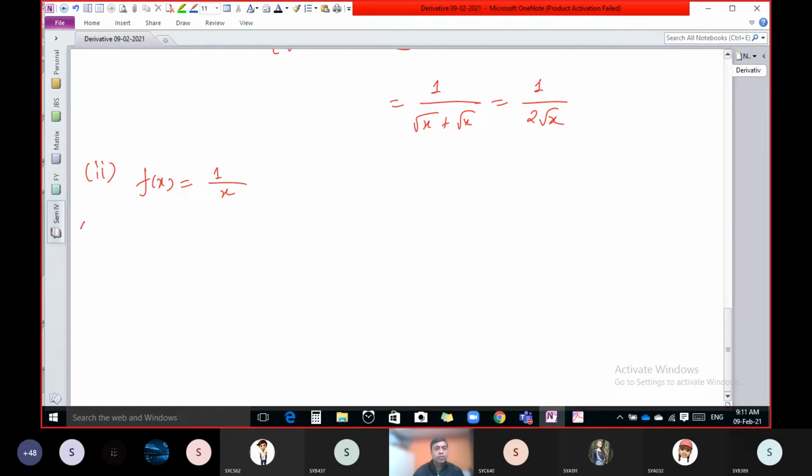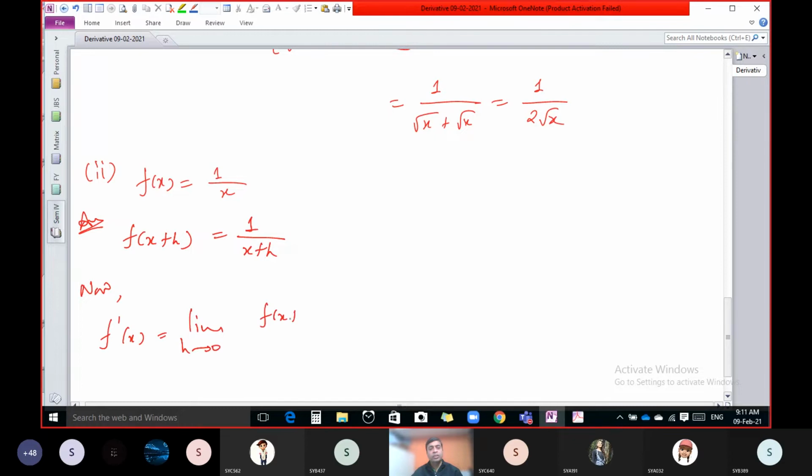So first step, let us find out first of all f of x plus h. Put x plus h in place of x. Now the formula: f dash x equal to limit h tends to 0 f of x plus h minus f of x upon h.